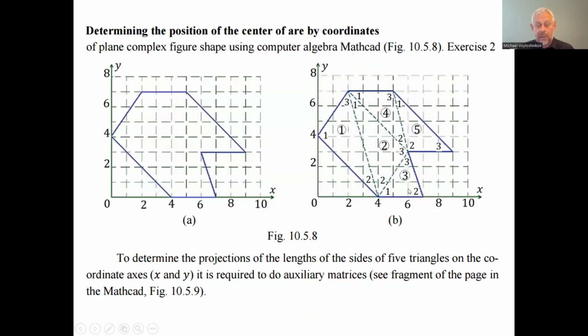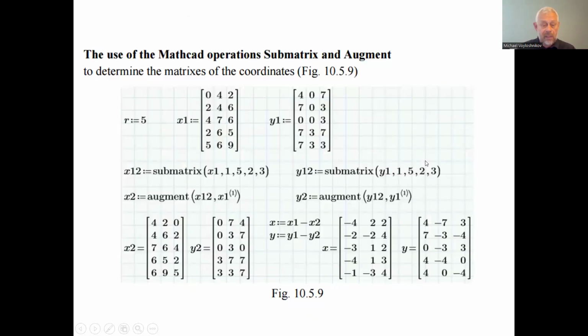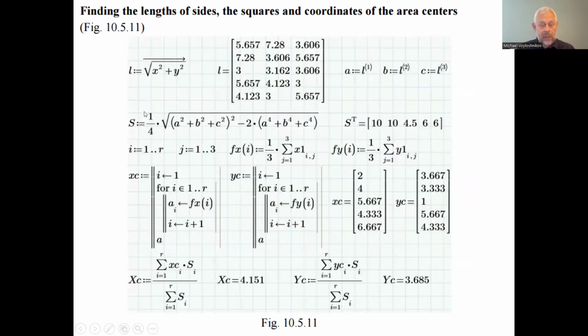We have 1, 2, 3, 4, 5, and we assign 5 here, and we have to repeat the action to find the allocation of the coordinates of the centers of area of each of the triangles. We have to do this repeatedly 5 times, from 1 to r. And these are the parameters of this program. This is a cycle in the program available in Mathcad.